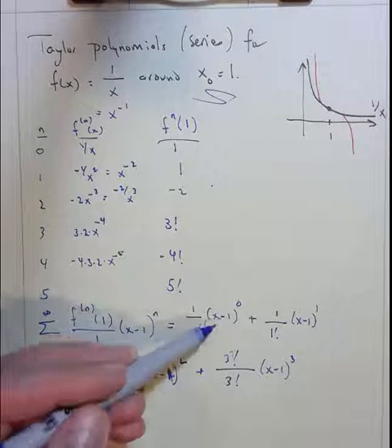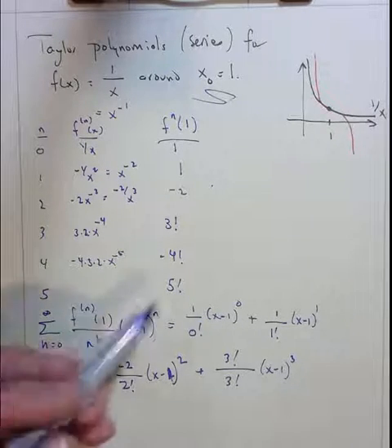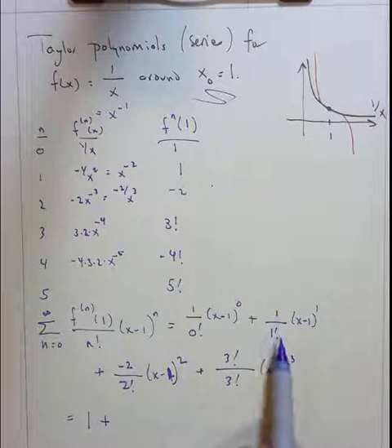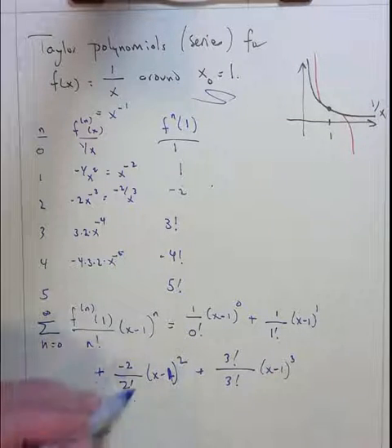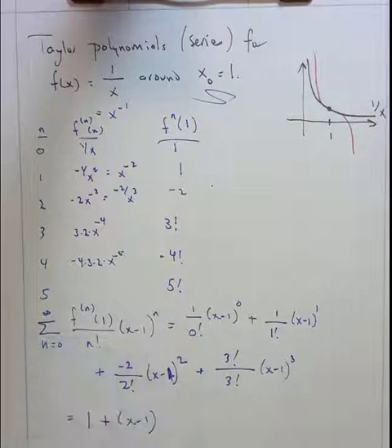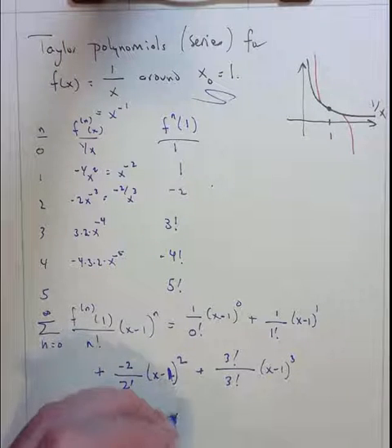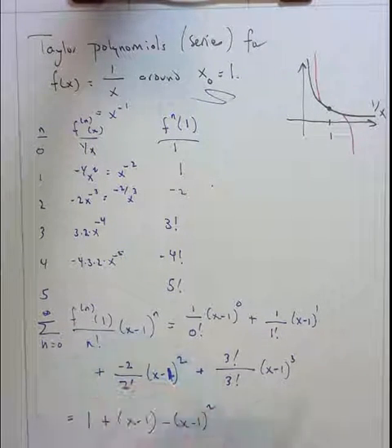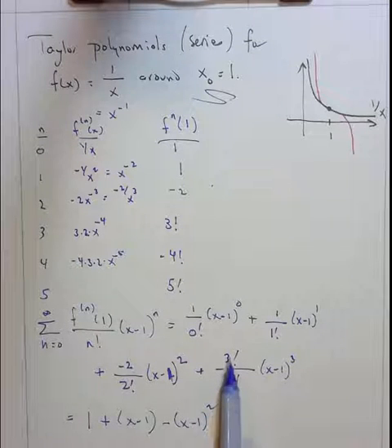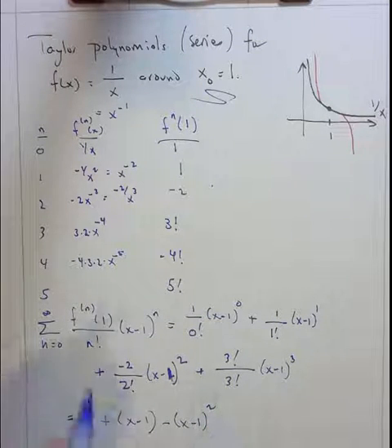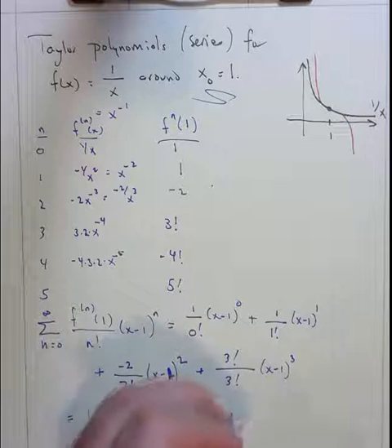That's a 1, that's a 1, that's a 1. For this term, that's a 1, that's a 1. This is an x minus 1. For this one, 2 and 2 factorial are the same thing, so that minus is going to hang out and survive. Here, 3 factorial over 3 factorial, they cancel, and I have x minus 1 cubed.